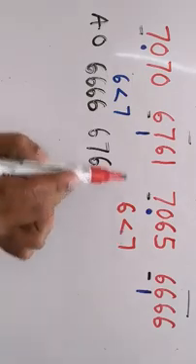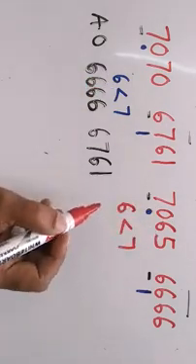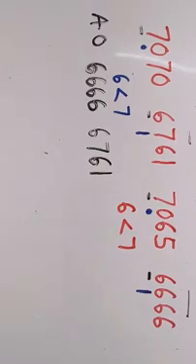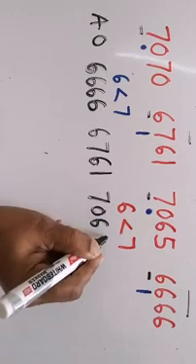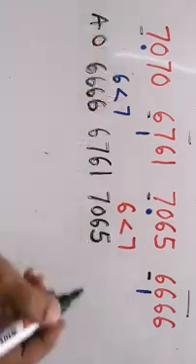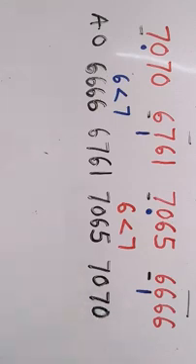So that means I have to write this number first, right? So it is 7065, and finally it is 7070, right?